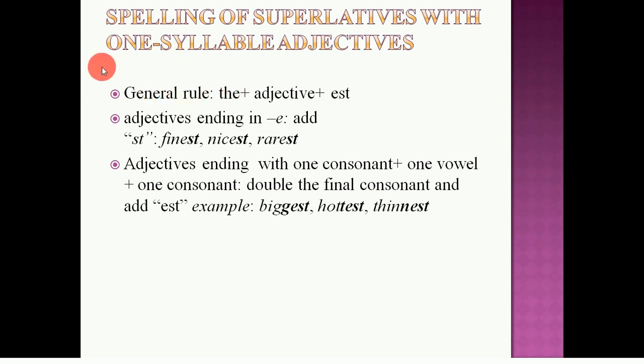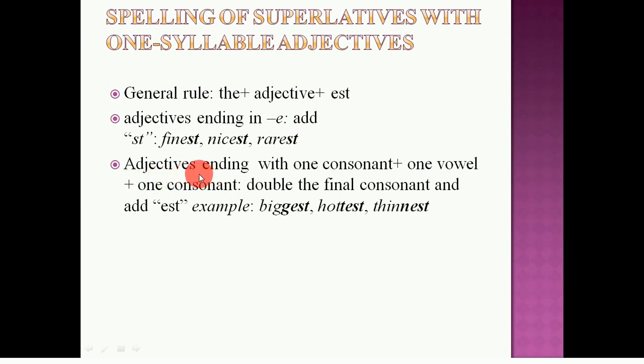So what is the general rule؟ القاعدة العامة okay in the short adjectives in the one syllable adjective. القاعدة العامة وش هي؟ the plus the adjective plus نزيدوا له est the suffix est. بصح كي يكون adjectives ending in e كيعود عندك adjective ends with e ما تروحش تزيد another est لا you add just st like fine finest nice nicest rare rarest.